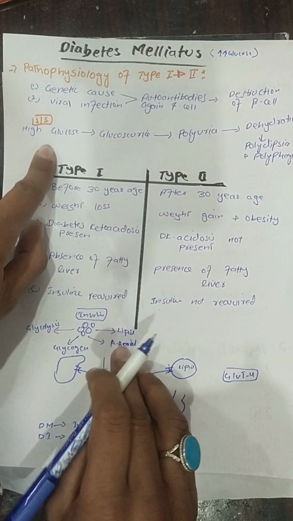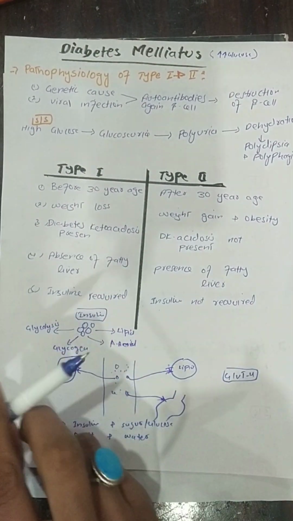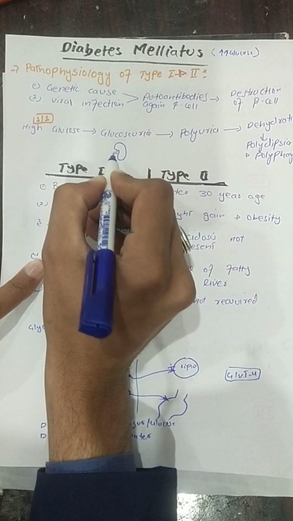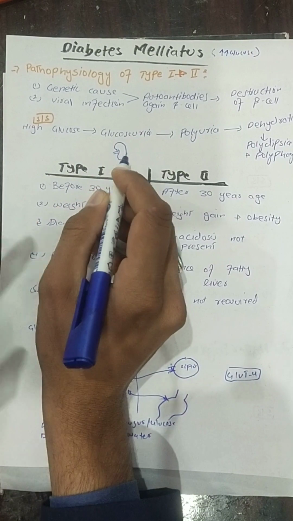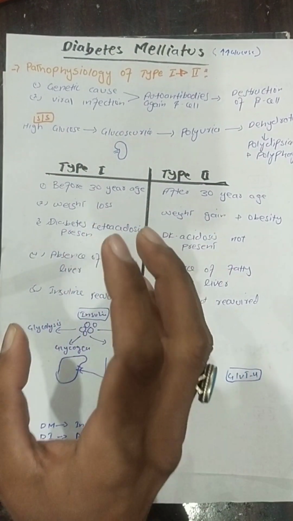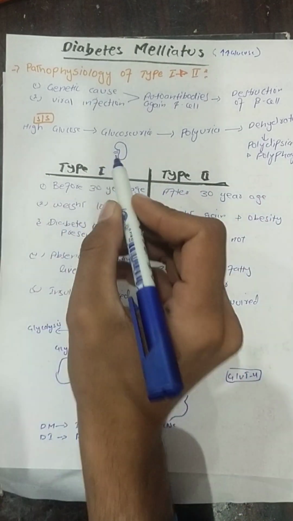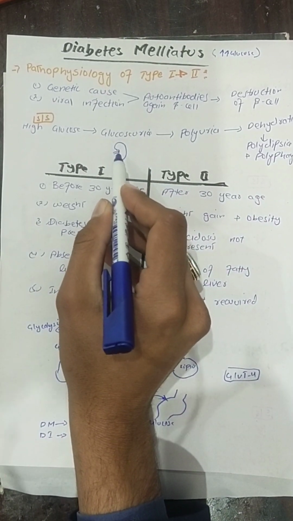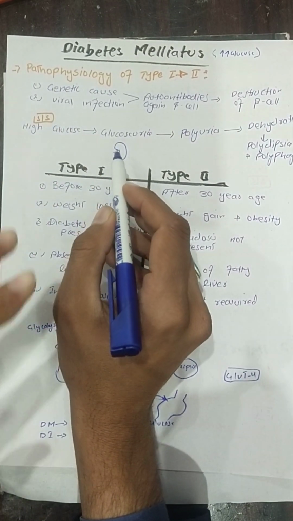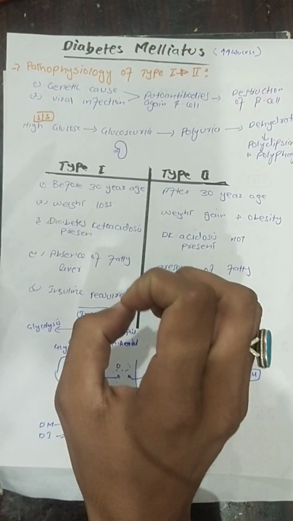When there is a high glucose level, what happens? The kidney normally filters the blood and reabsorbs almost 100% of the glucose that is filtered. But when there is a huge amount of glucose, the kidney cannot reabsorb all of it.